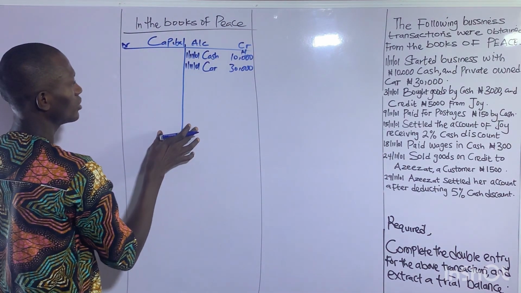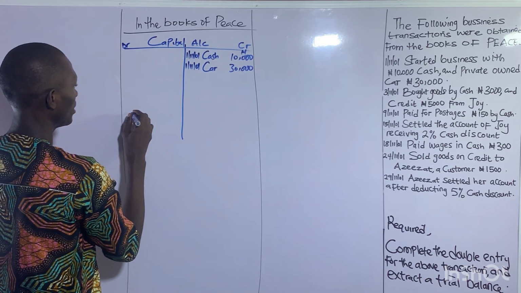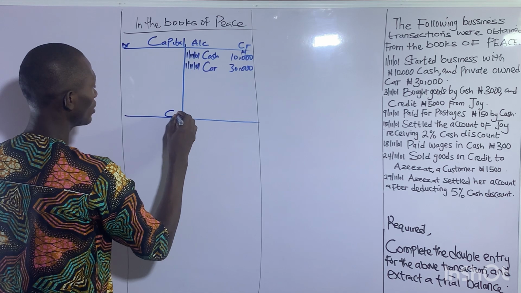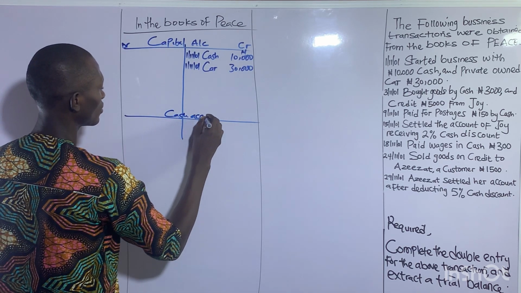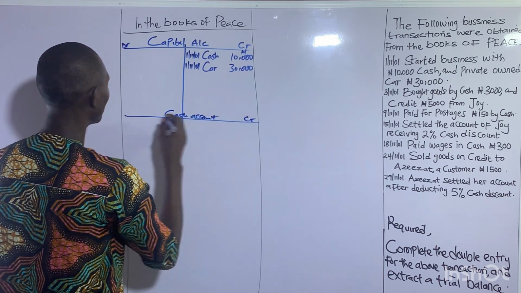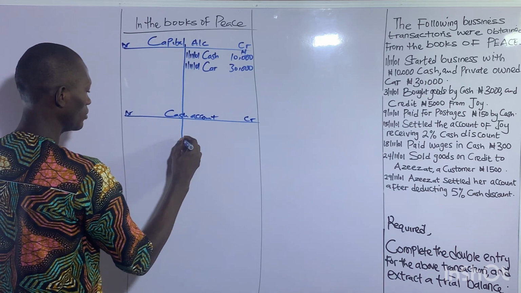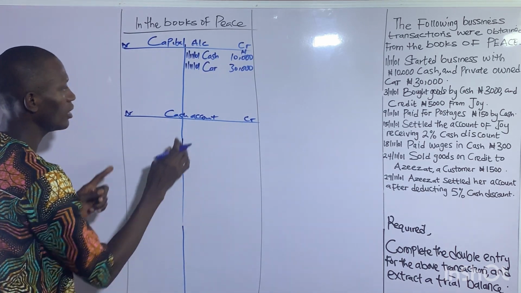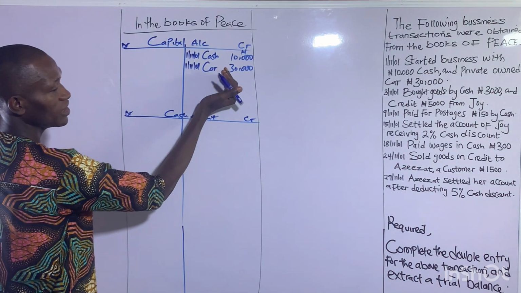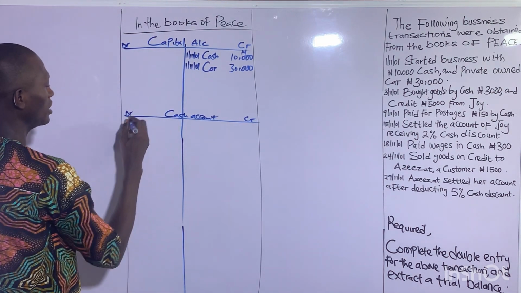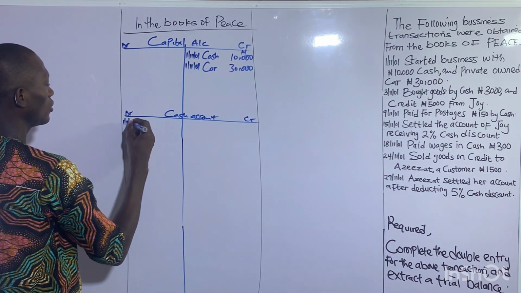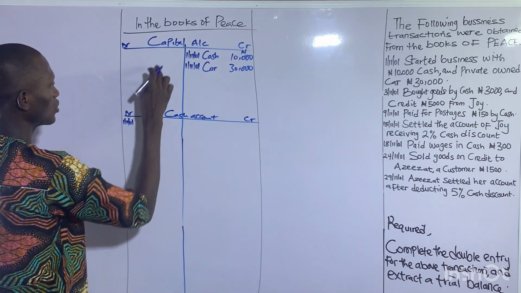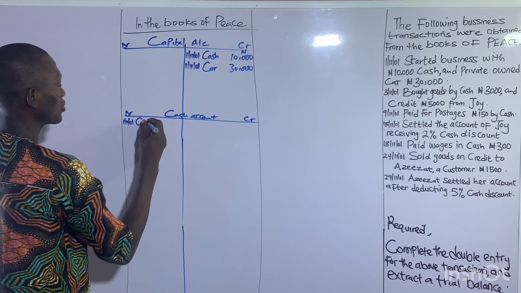So let's open car and cash accounts here. We have the cash account. I'll be shortening it so that I'll be able to manage the space. The corresponding debit entry of this credit entry will come in, on the same date, 1/11/01, and that's the corresponding account, which is capital account. So we have capital, and the amount for cash is 10,000.